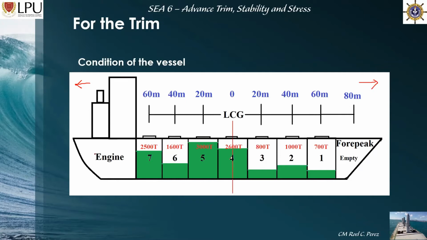Okay, so there is a perpendicular. Aft perpendicular is located, let's say, here. But my drawing is not straight. Let's say normally it's here. So this is your forward perpendicular. And let's say this is your aft perpendicular.